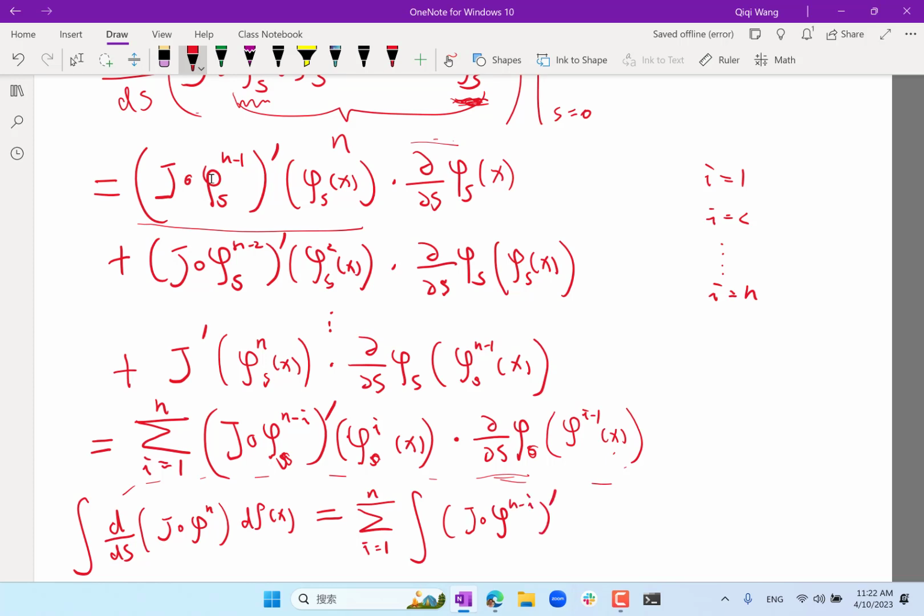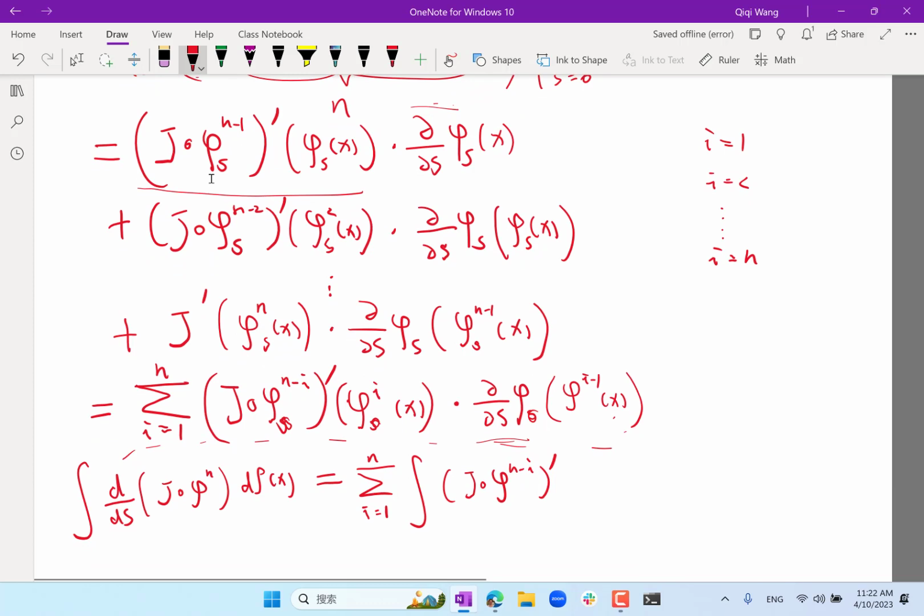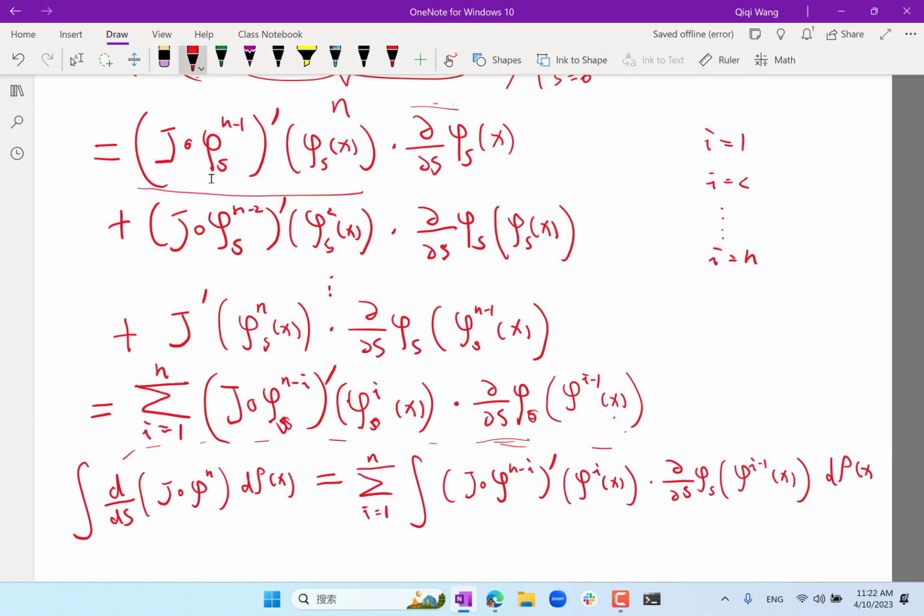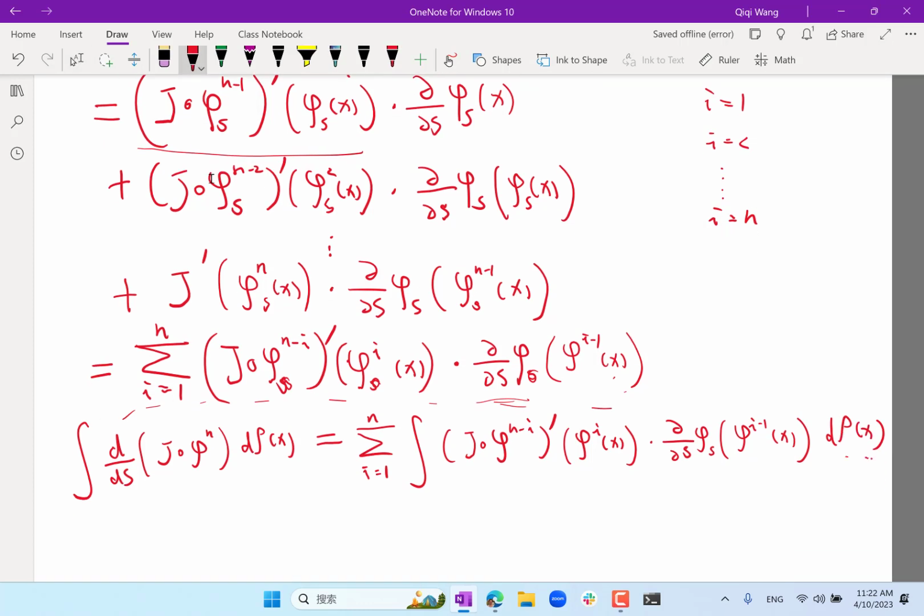So take the derivative of a future objective function, evaluated at phi to the i x, times the partial derivative of phi with respect to s, evaluated at phi to the i minus 1 x, d rho x. So it doesn't matter if this is d rho x or d rho of phi i minus 1 x, and as a result, we can just change a variable. We can just call phi i minus 1 x as x, or as 1.